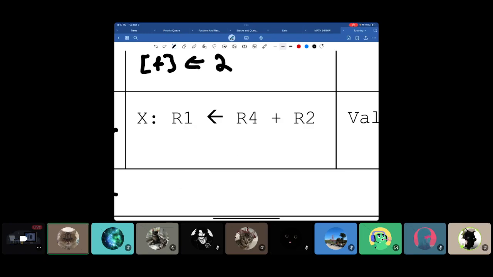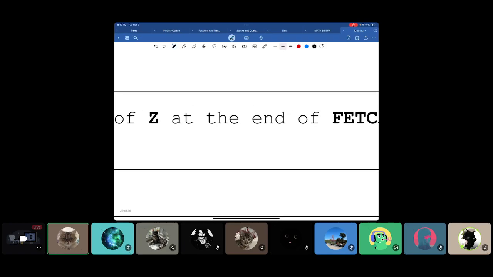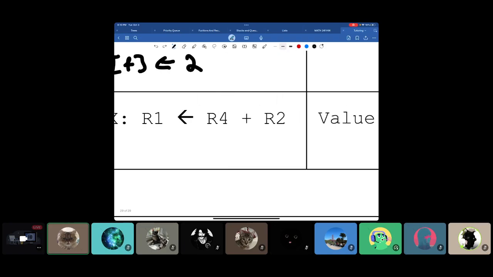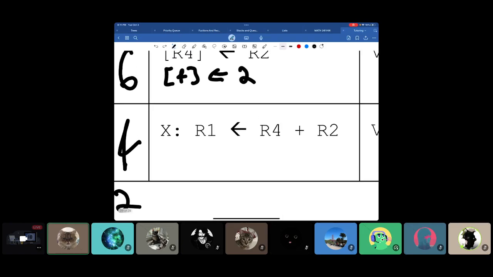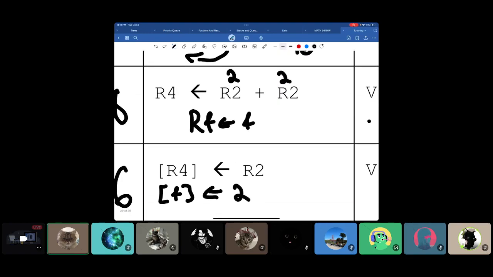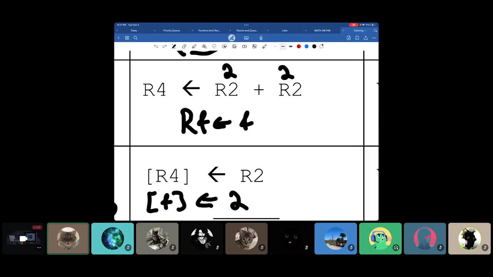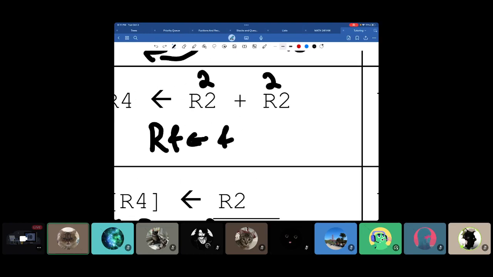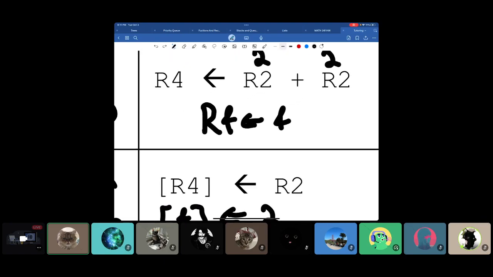right? So now we have to think to ourselves, what does Z store? It can either be storing nothing, or it could be storing something from a previous R-type instruction in our code. So let's see if we have any R-type. This is an S-type, and here's an R-type. This R-type did R2 plus R2, stored that into the Z register, and then from the Z register it got stored into R4.